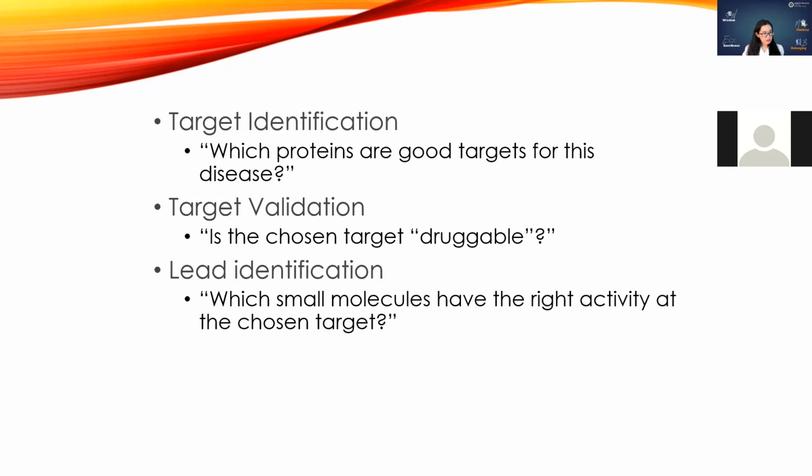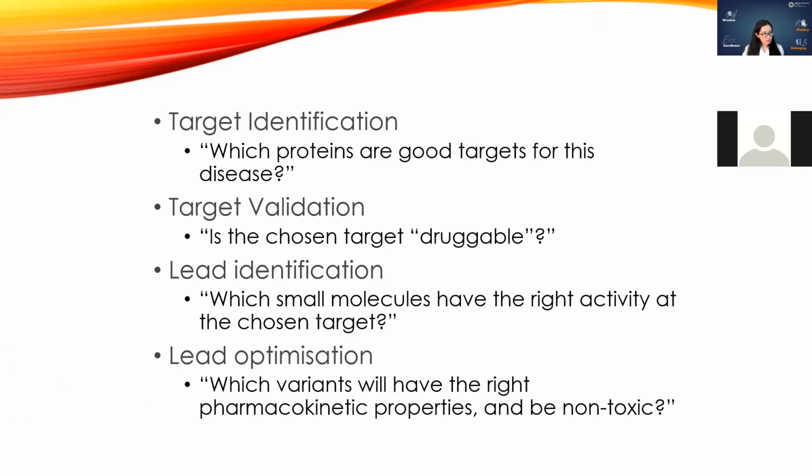And for lead identification, they would ask which small molecules have the right activity at the chosen target. And for lead optimization, they will go to the variants that should have the right pharmacokinetic properties and be non-toxic. Pharmacokinetic properties, as I discussed earlier, are absorption, distribution, metabolism, excretion, and so on. And toxicity, something like ADME-tox.